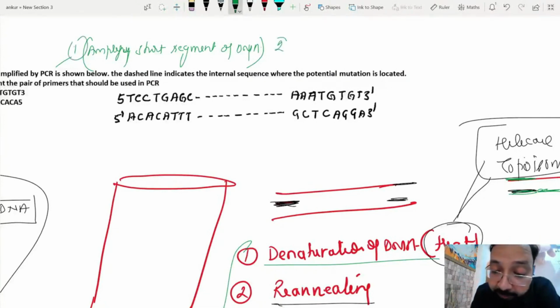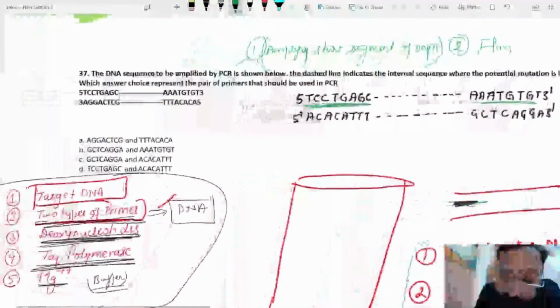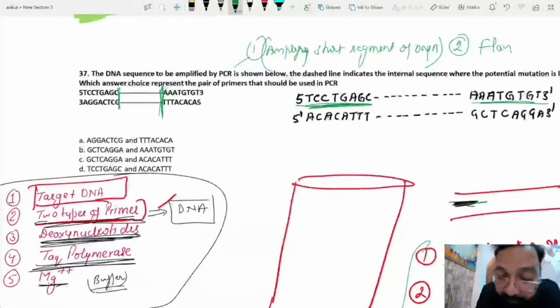The second limitation is that we are making primers. If you want to make primers, you must know the nucleotide sequence. Suppose this target DNA is to be amplified, you must know the nucleotide sequence near the target DNA.